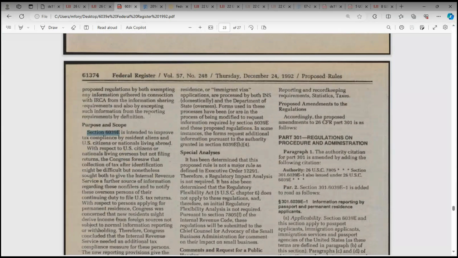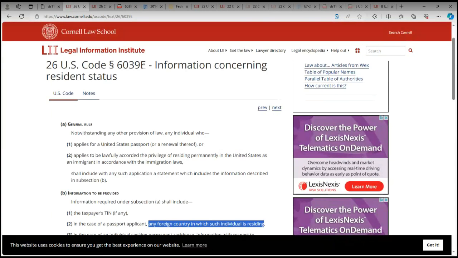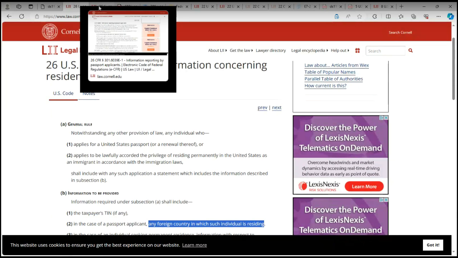It is an amendment for 26 USC 6039E. 6039E was first enacted in the 1986 Internal Revenue Code. All right. So this is 6 years later, amending that.